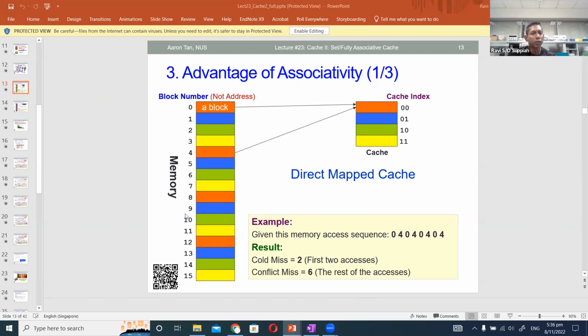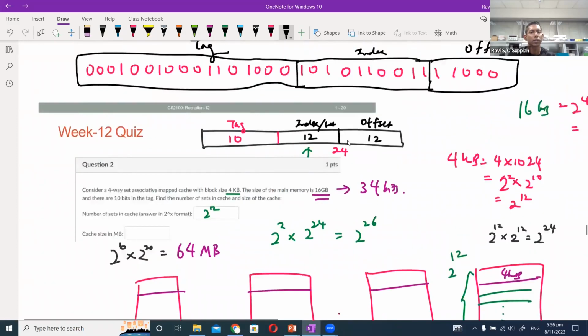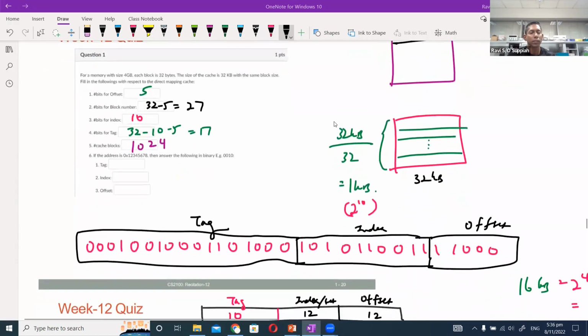Okay, so the other question is quiz question 1, part 6. Part 6 is basically you are given this address, correct? 0x1234578, which I just wrote, translated directly from hexadecimal to binary.